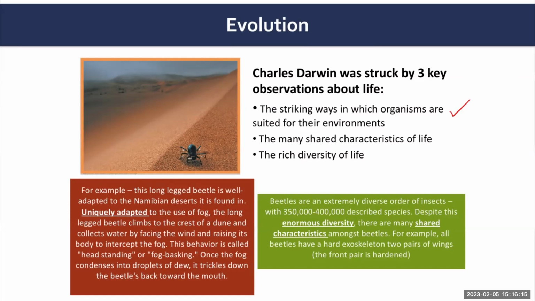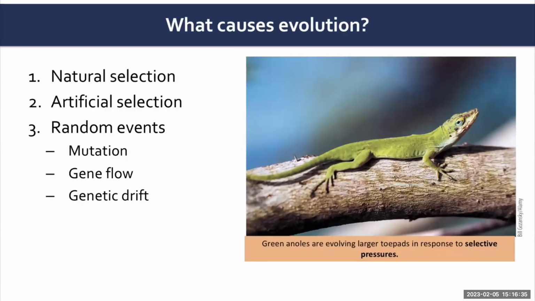Having a hard exoskeleton, having 2 pairs of wings, the front pair being hardened. These are things that differentiate them from other types of insects, right? These shared characteristics. And then there's this incredible amount of diversity within the group. So how do we explain that? And again, that is what Darwin was motivated to understand.